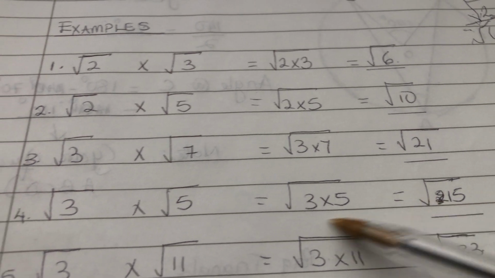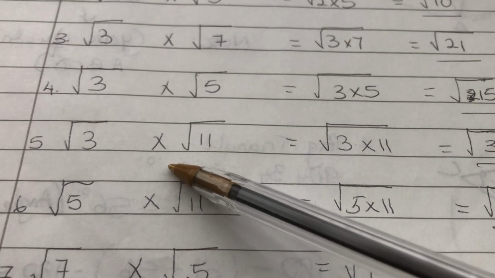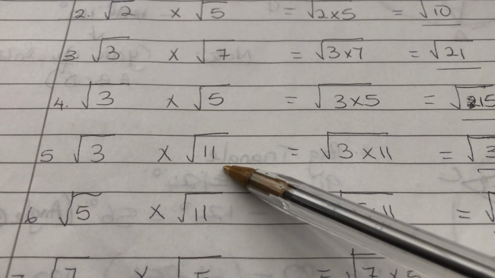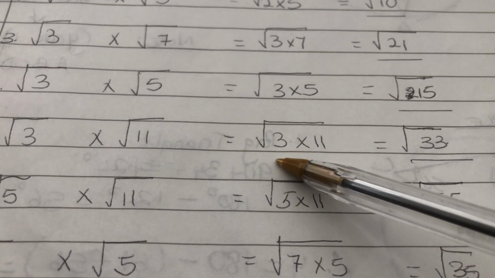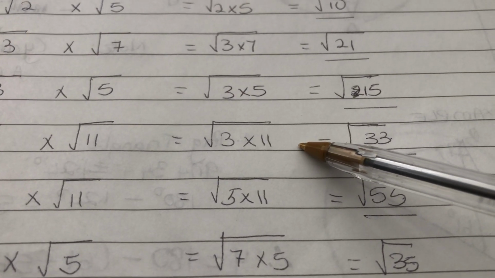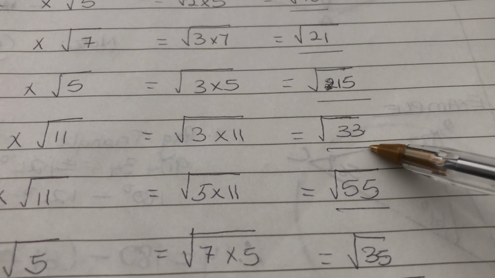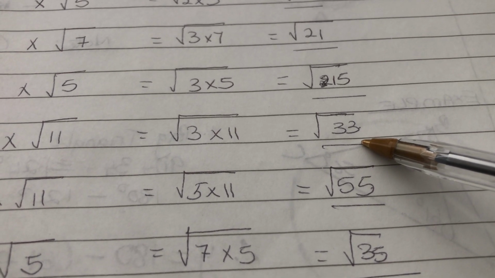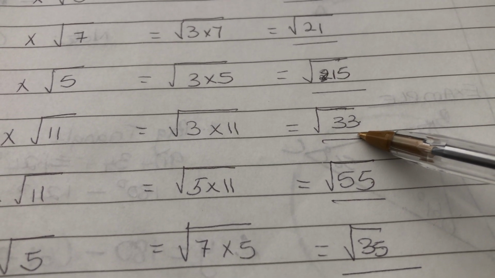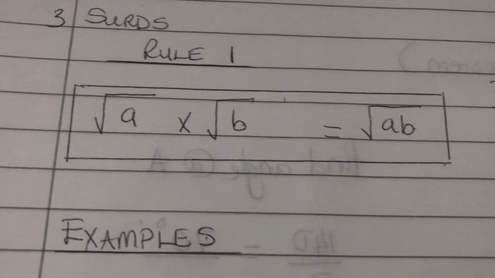As I said, the reverse is also true. Root 3 times root 11 equals root 3 times 11, which is root 33. So this is the first rule. I think you've added it to your flashcard. If it's not on your flashcard, add it to it.